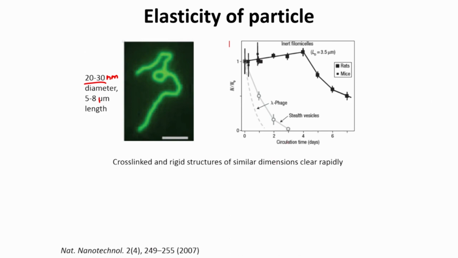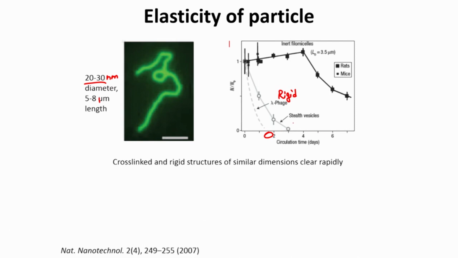So, if you use a lambda phage which is very similar in structure, but is a fairly rigid molecule, this is rigid, that gets cleared out by 2 days, right. So, by 1.5 days this gets completely cleared.